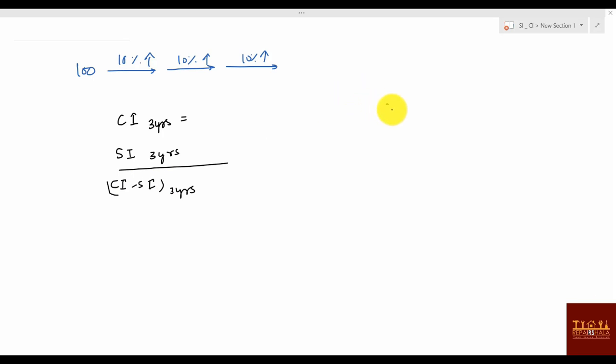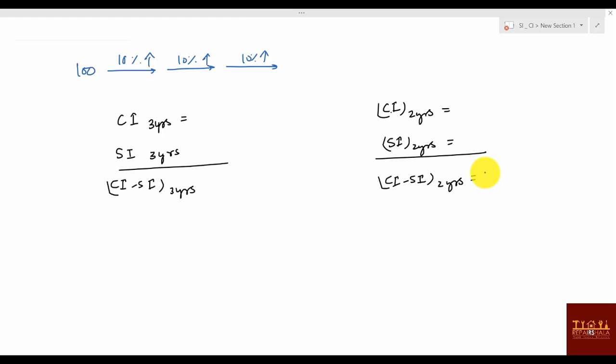Same here, I'm going to ask CI for 2 years, SI for 2 years, and again CI minus SI for 2 years. How can you find it?